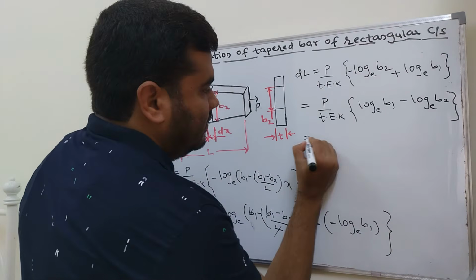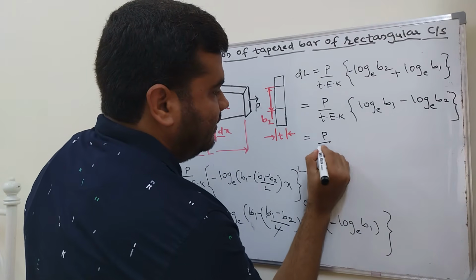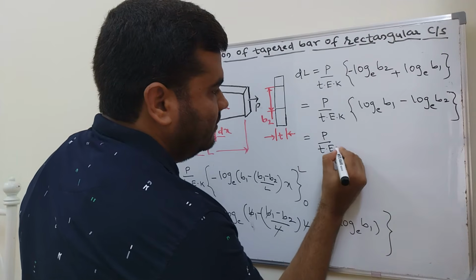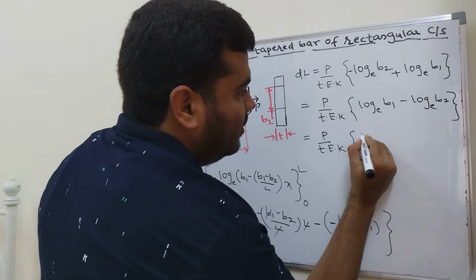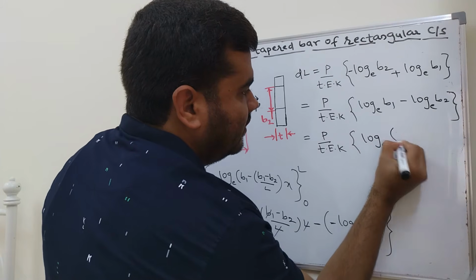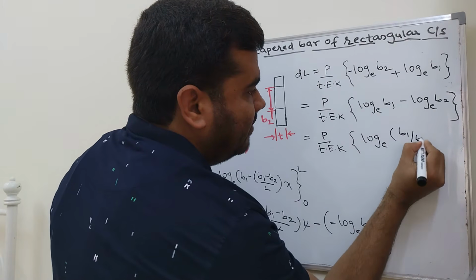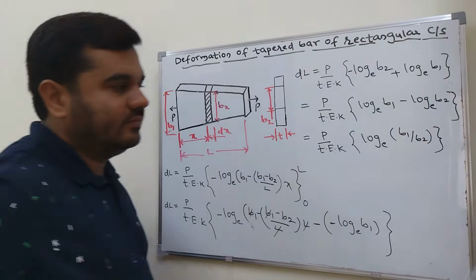Next, P divided by thickness into Young's modulus into k. Then can I write this as log to the base e of b1 by b2, right?